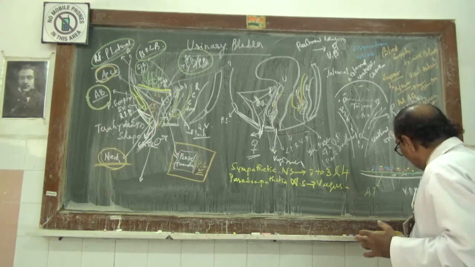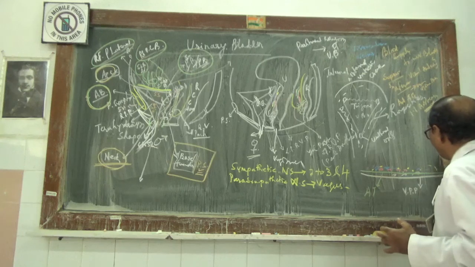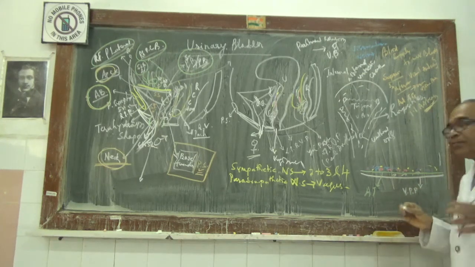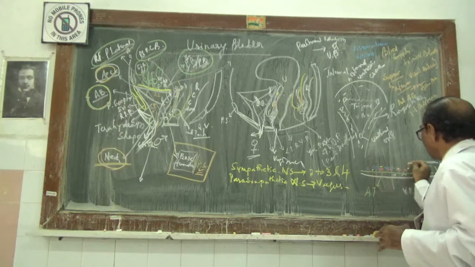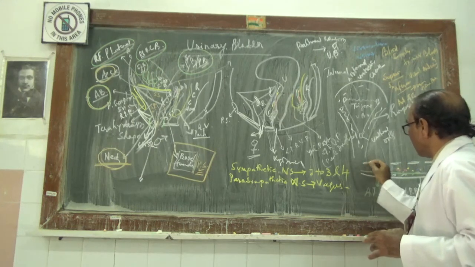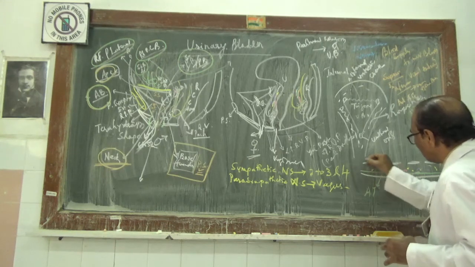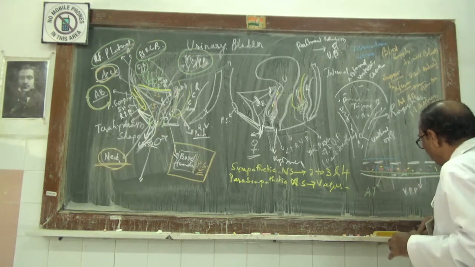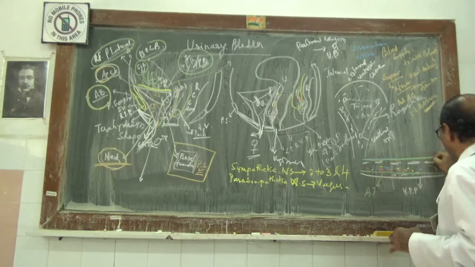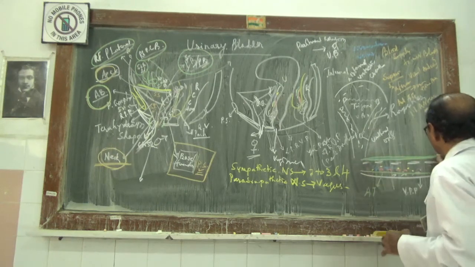Then you have the muscular layer. The muscular layer has three parts. One is the outer longitudinal. Then in the muscular layer only, you have another, the circular.